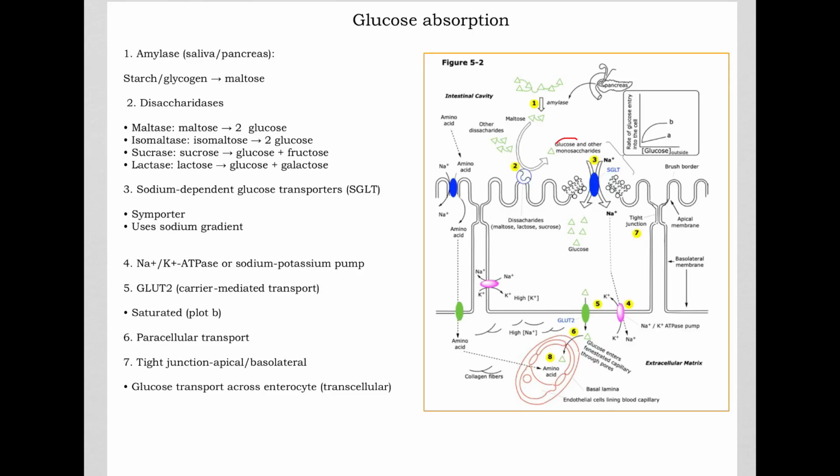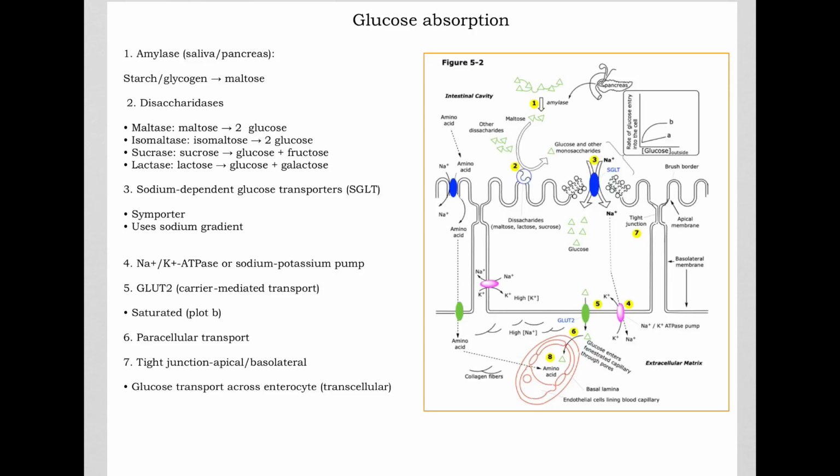Note that the glucose present in the GI cavity cannot enter the matrix or the tissue space by paracellular transport because there is this tight junction present between one enterocyte and the enterocyte next to it. So this tight junction prevents paracellular transport of glucose.